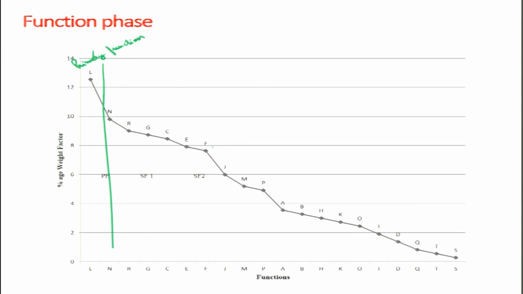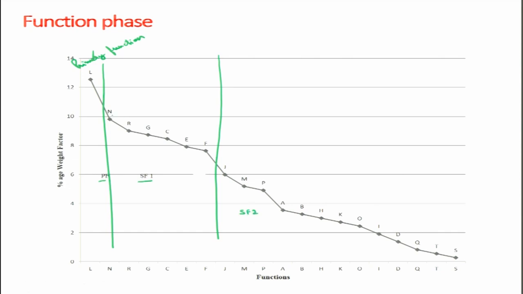The second drop comes here. This is PF, primary function, this is secondary function 1, and these are secondary function 2.